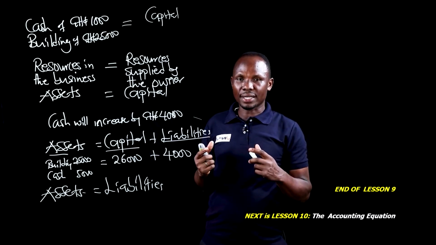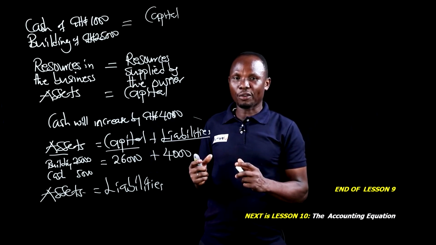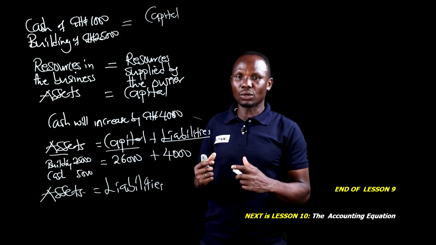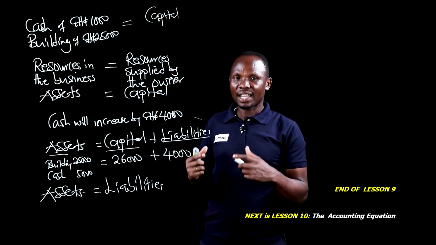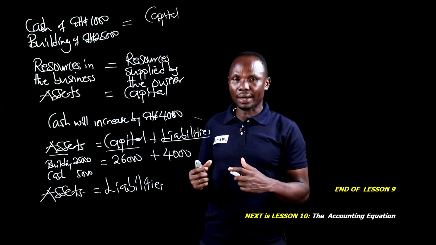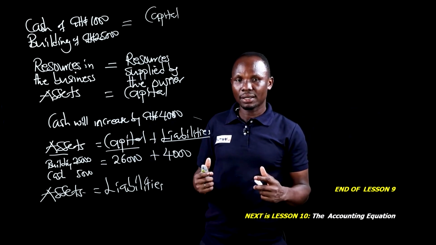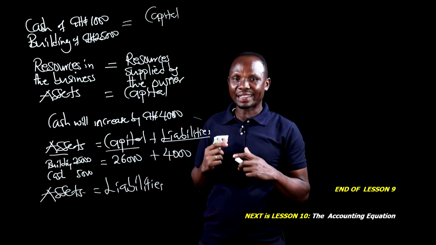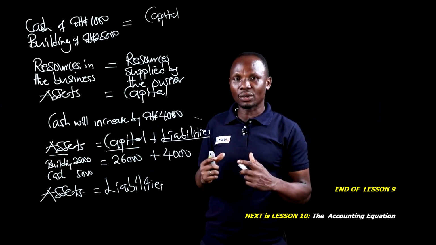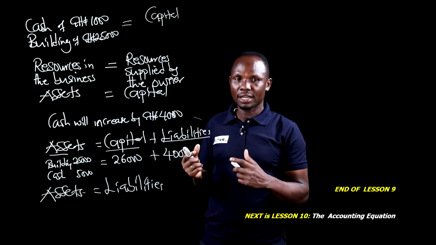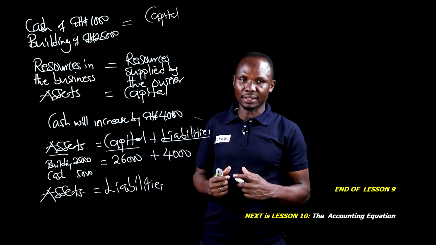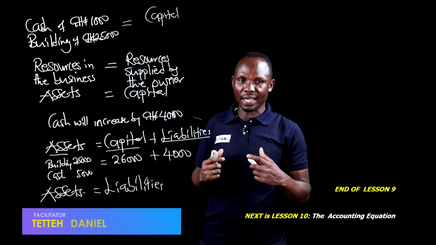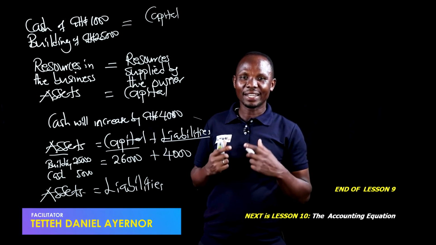And if the resources in the organization are provided by both the owner and third parties, then the accounting equation will become asset is equal to capital plus liabilities. And if all the resources in the business are provided by third parties, then the accounting equation becomes asset is equal to liabilities. In our next lesson, we will continue with our study of the accounting equation.